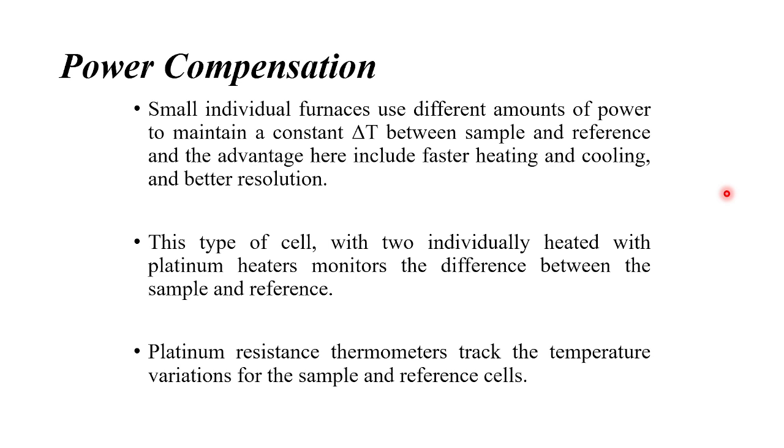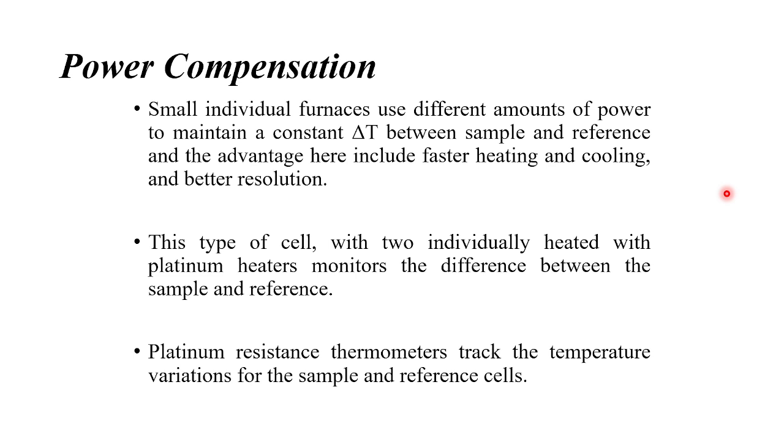This type of cell has two individually heated platinum heaters that monitor the difference between the sample and reference. So for the sample you have an independent heat source, and for the reference you have another independent heat source. That's why we can do the test at a very fast rate, and we can achieve faster heating or cooling and better resolution, since two independent heat sinks are used for sample and reference.